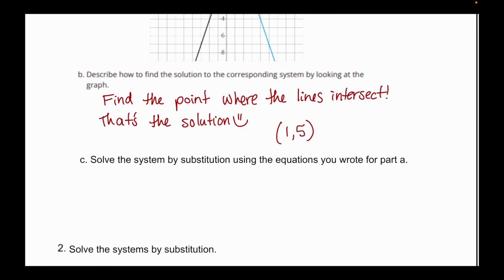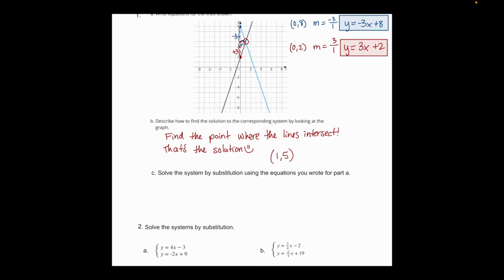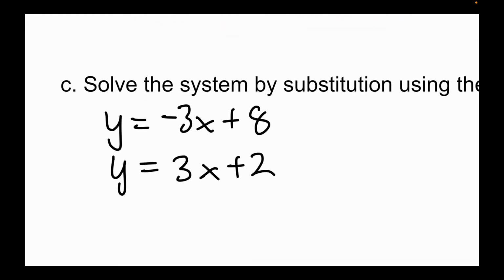Now if we use substitution using the equations we wrote for part A, I wrote both of these in slope-intercept form, so I'll just copy them both down here. y equals negative 3x plus 8, and y equals 3x plus 2. You'll notice both of these have y isolated.